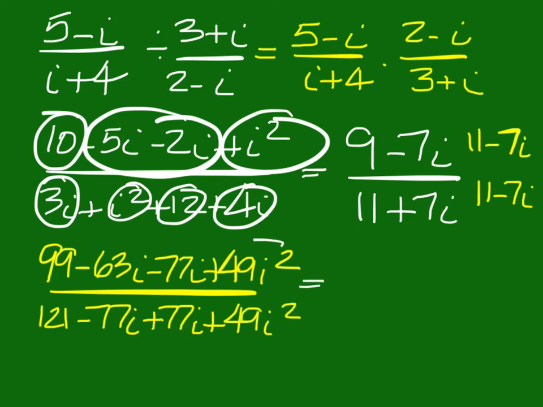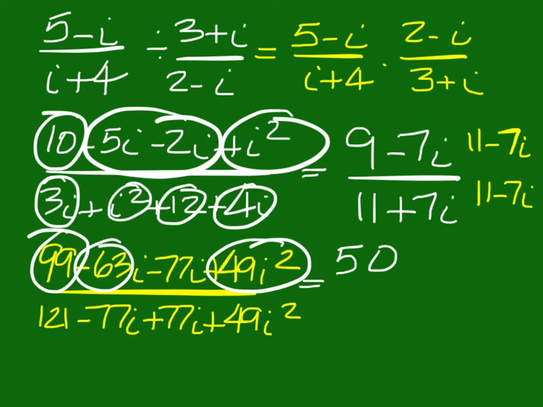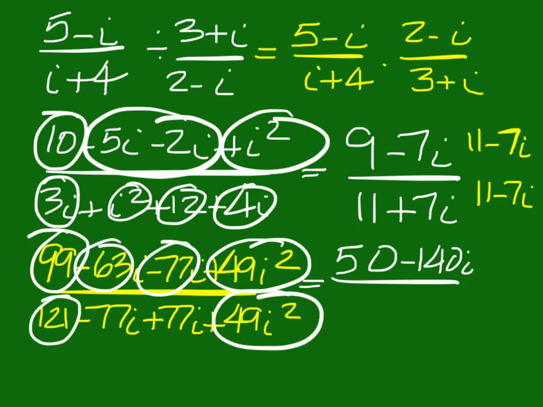So on the top, we have minus 49, and 99 is going to give me 50. And then minus 63 minus 77 is going to be a minus 140i. And on the bottom, we will have 121 minus 49, which would come out to be 72.